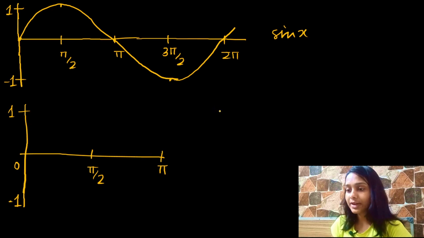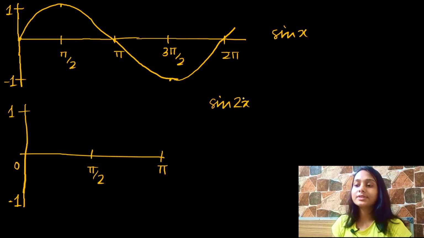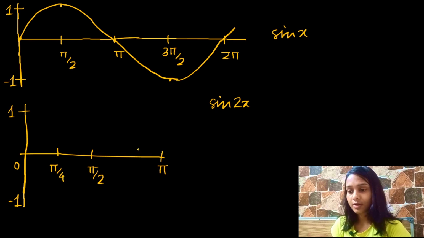So now we are trying to plot sin 2x. So sin 2x will attain its maximum value, which is 1, at pi by 4 and here 3 pi by 4. So same thing will happen for 0 to pi in case of sin 2x.